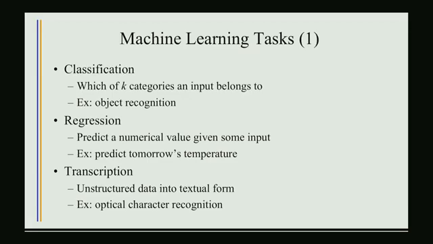Instead of n discrete categories, it's continuous. The techniques we're going to use for classification and regression, as you can imagine, are largely similar. If you understand those two, the rest of these machine learning tasks tend to follow.